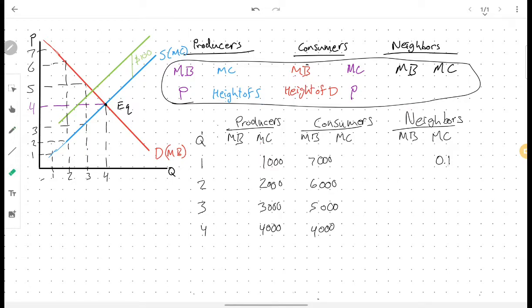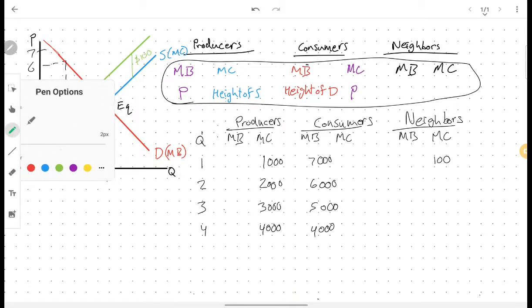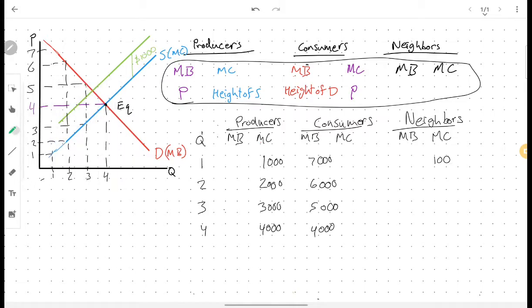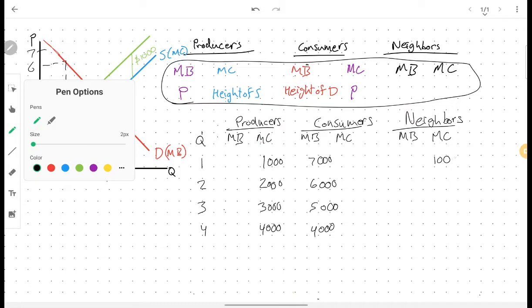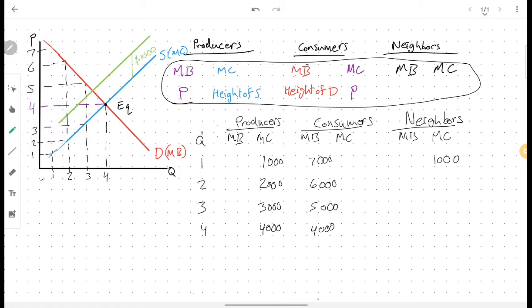And what does this mean? Okay, so how much? Let's assume instead that it's 1,000 because that makes it easier to make this work. I probably didn't pick the best numbers.